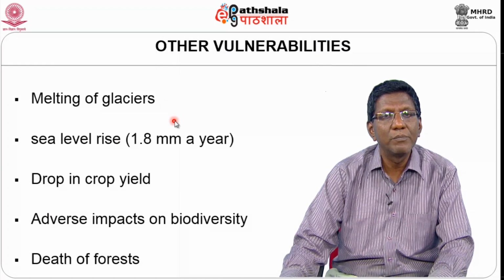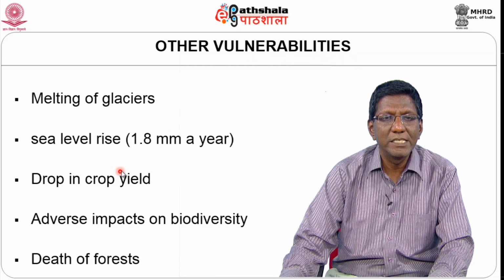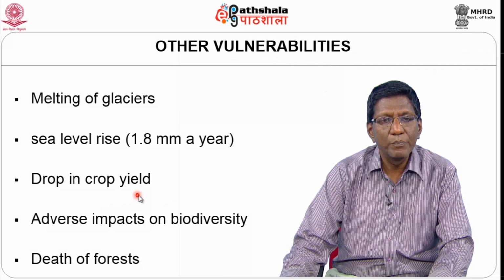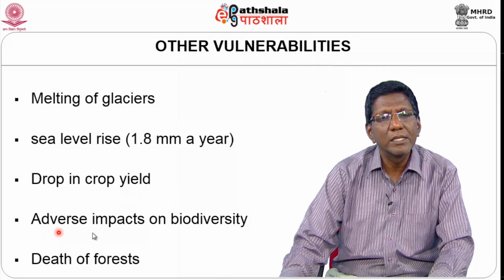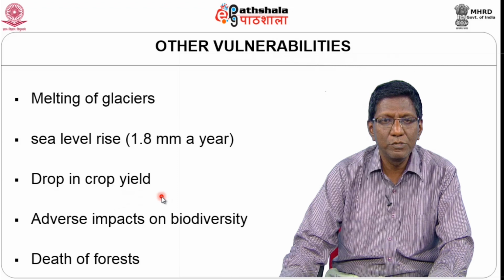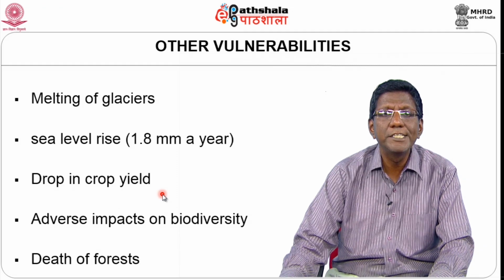What are the other vulnerabilities? Apart from glacier melt, sea level rise is estimated at 1.8 millimeters every year, and there is a drop in crop yield. Even in increased carbon dioxide conditions, the crop yield will reduce. Not only the yield, the nutritional factor also will be affected.